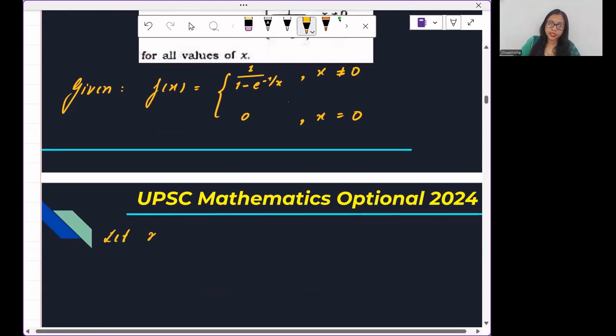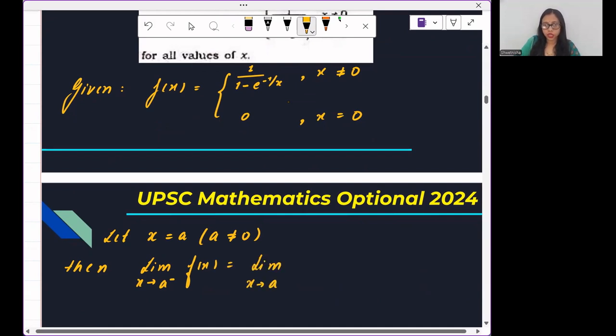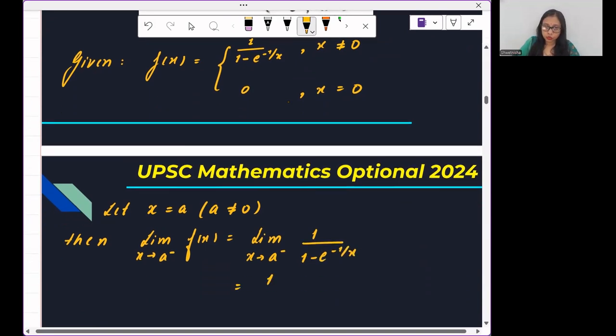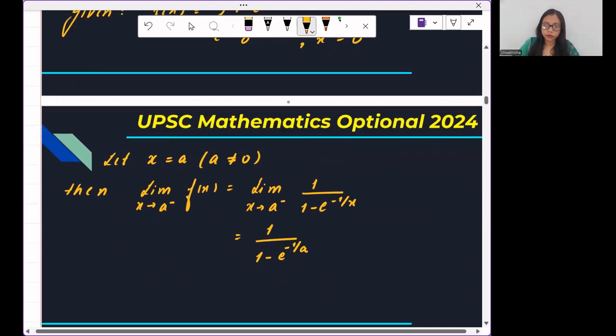First of all, let x equals a, which is non-zero. Then you can simply write left hand limit x tends to a negative of f(x) is equal to limit x tends to a negative of 1 upon 1 minus e raised to minus 1 upon x. That is equal to 1 upon 1 minus e raised to minus 1 by a.